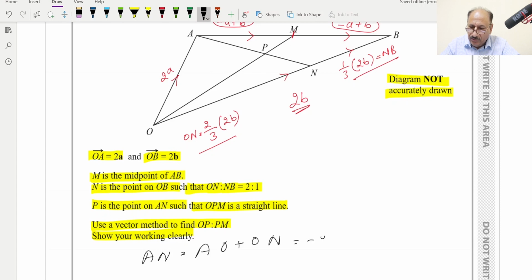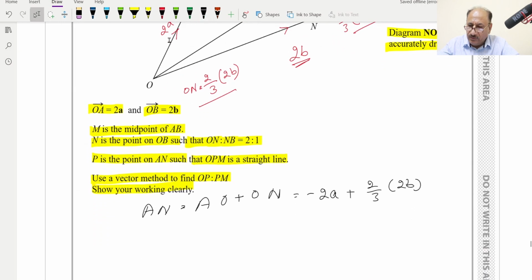AO is minus 2A and ON is 2 by 3 of 2B. We can simplify this and write minus 2A plus 4 by 3B, and this will be our AN value.